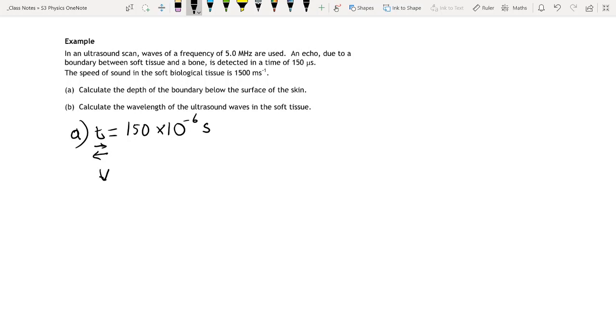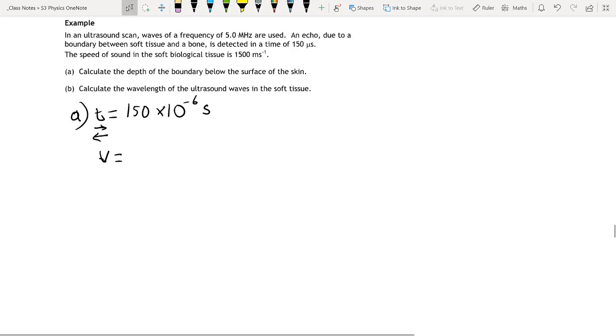The speed of sound in soft biological tissue, so within the mother's womb, is 1,500 meters per second. And it's asking us to find the depth, so we only want to find the distance there.